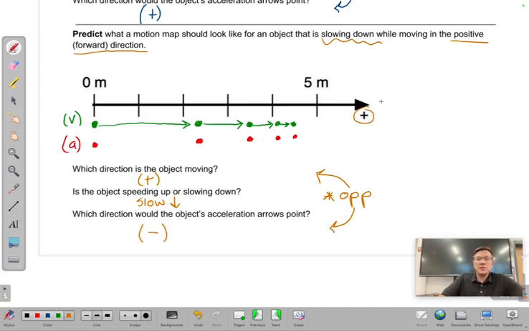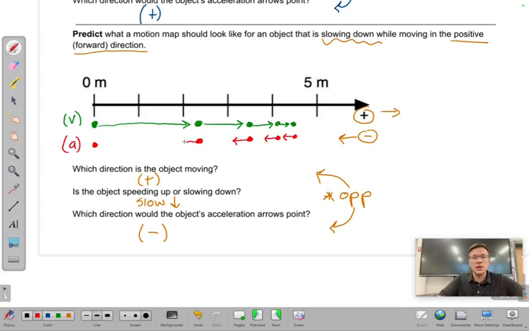If this is the positive direction, then the negative direction would be this way. So we need to come back over to our acceleration dots, and we are going to put leftward pointed arrows, again all the same length because we're doing constant acceleration.